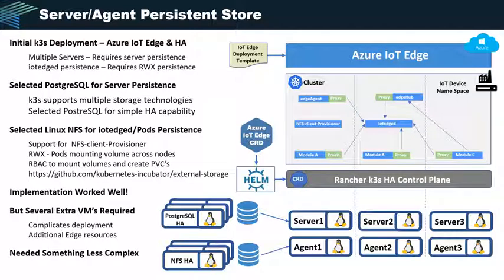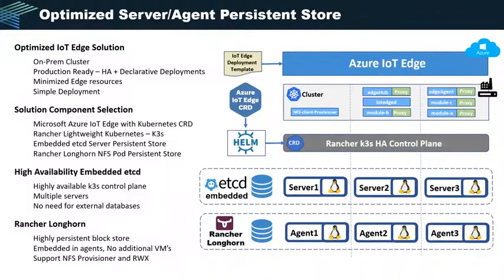But we had 6 additional VMs that we had to provision for the factory. It was extra work to provision these things, and so we wanted to find something with a little bit of a smaller footprint. So we looked around and found that Rancher developed a couple of extra products, called etcd Embedded.